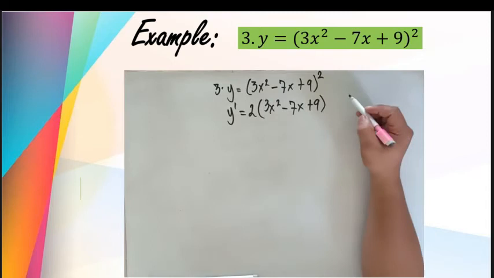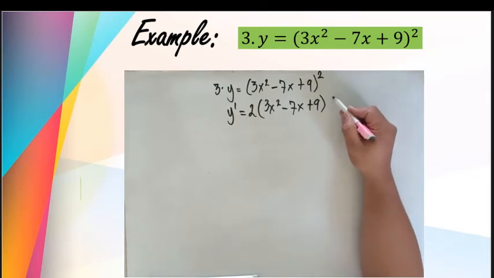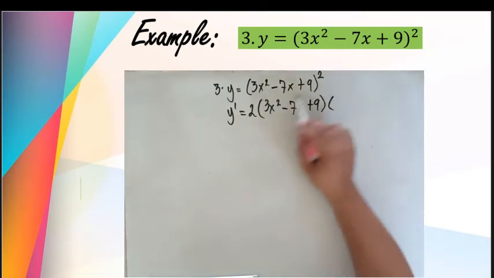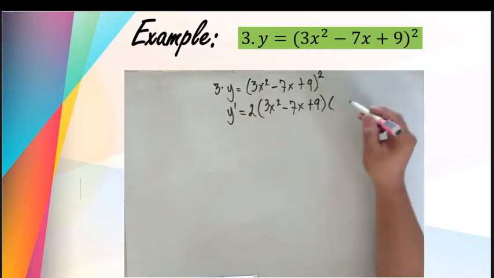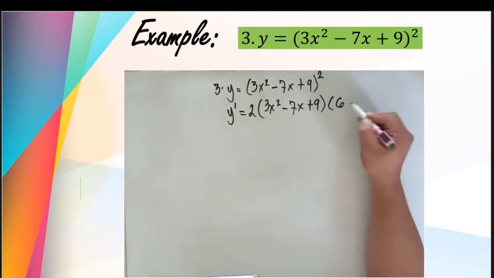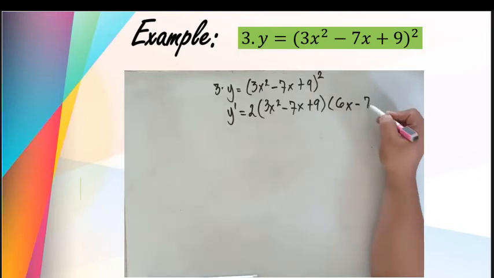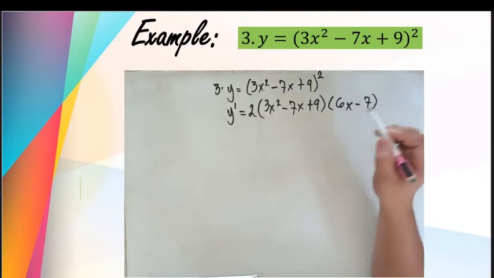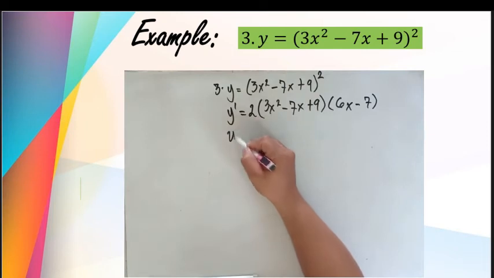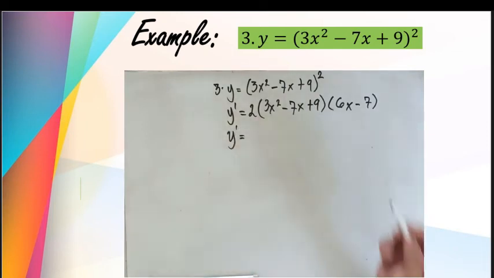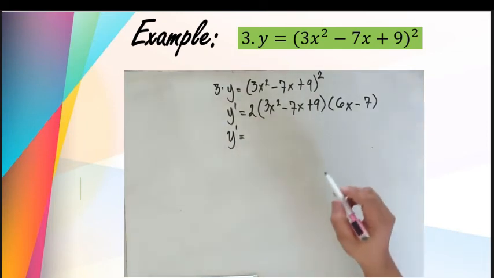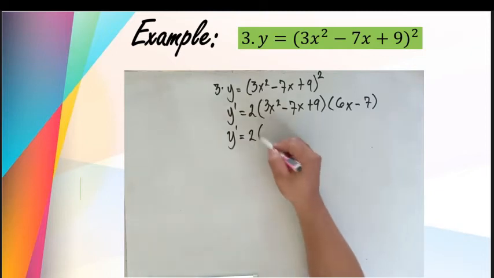And there's no need for us to write the 1. Then let's multiply the derivative of 3x squared minus 7x plus 9. Its derivative is 6x minus 7. Okay, let's expand or simplify. So let's write 2.